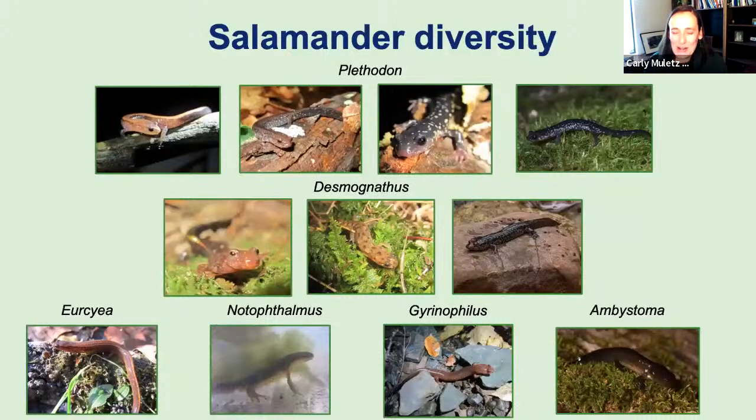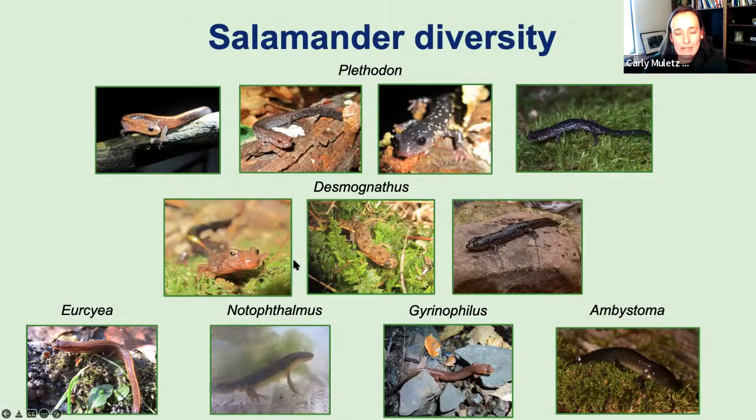But to make it not all about microbes, there are these beautiful salamanders that we're sampling. These are the 11 species from 6 genera that we were able to sample over all of those field seasons. We have the Plethodon salamanders here, which are fully terrestrial.